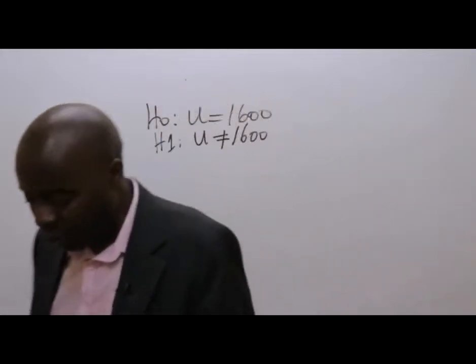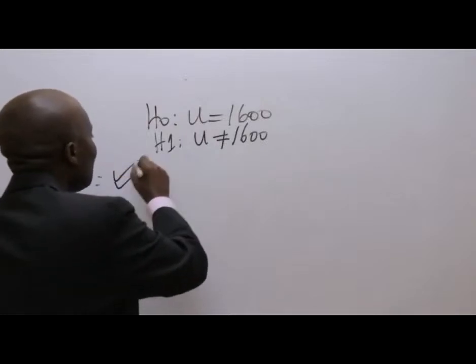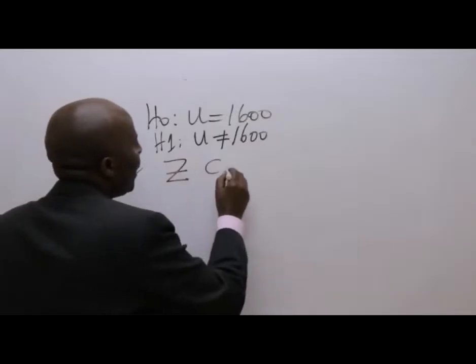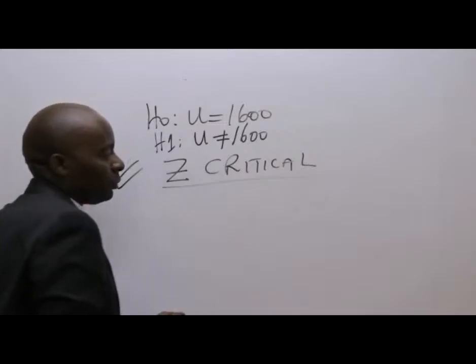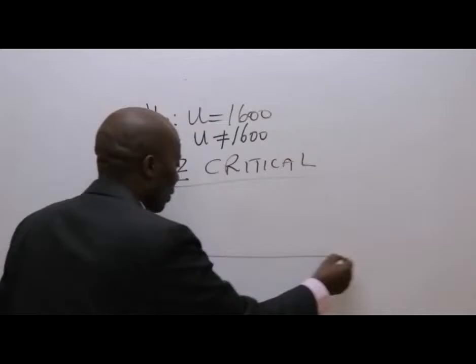Step number 2, ladies and gentlemen: given that this is a large sample, come and give us the Z critical. So for Z critical, we have to draw our good diagram.